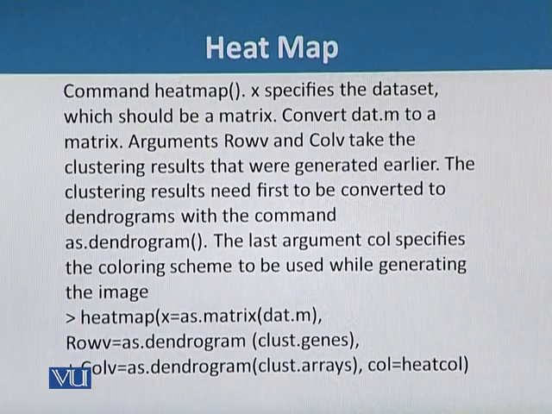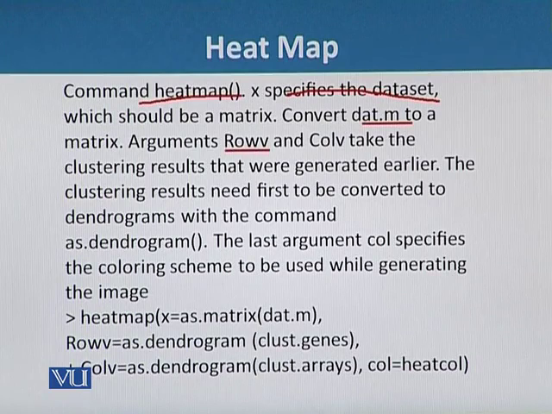The command heatmap can be used to get the heat map clustering and the expression data in one visualization. For this purpose we need to specify the data set, which should be a matrix, so we convert this normalized data to a matrix. The arguments Rowv and Colv take the clustering results that were generated earlier.